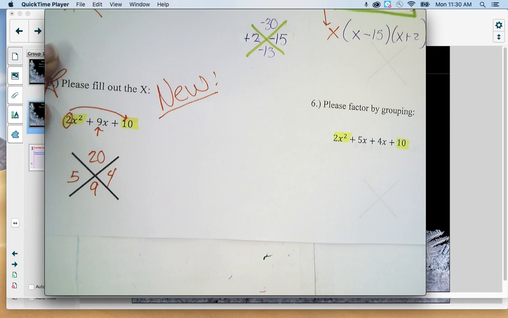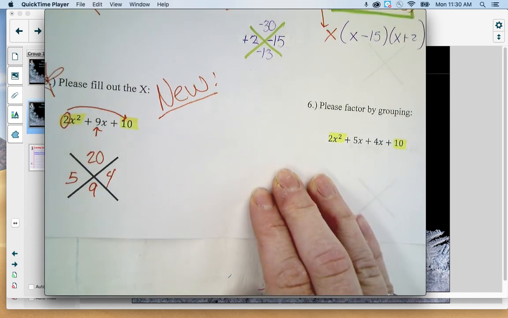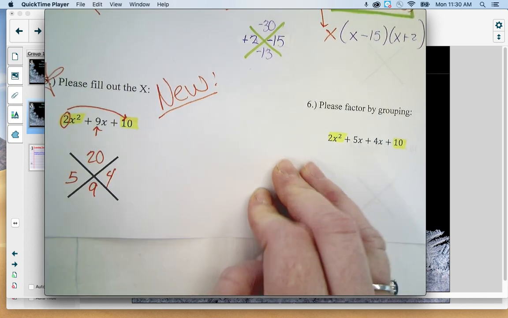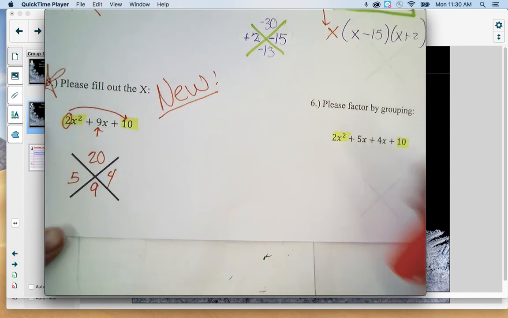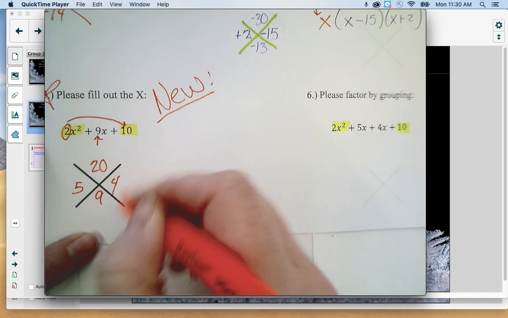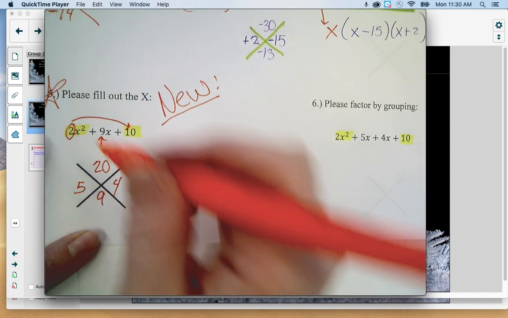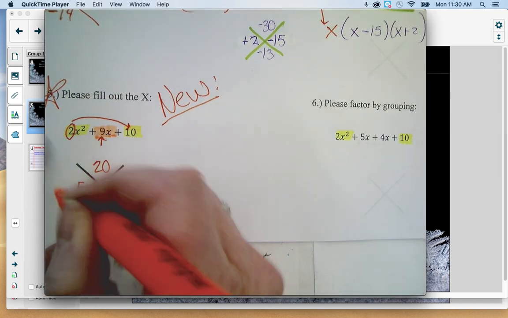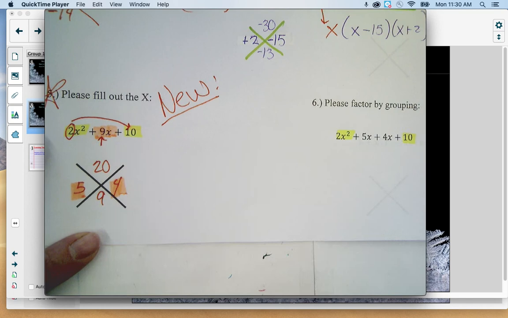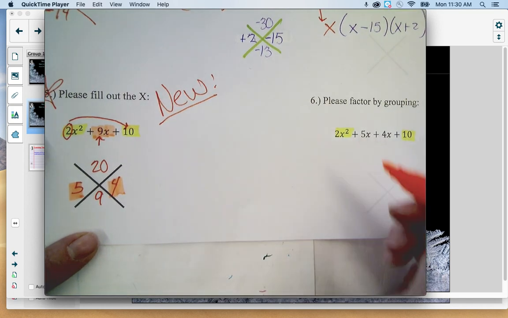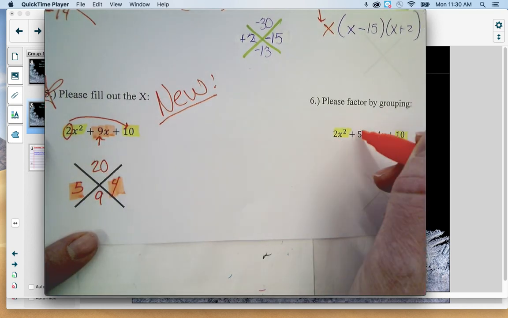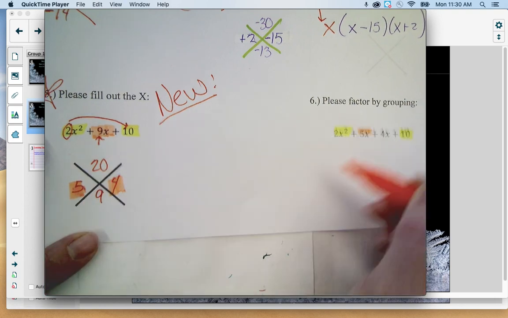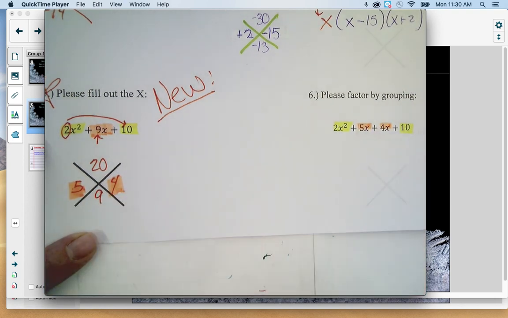Here's the part that I need you watching. This is the new skill. Watch, watch, watch. Do you see how we did this X method? And you see how our middle term was 9? When we completed that X, we got 5 and 4. Do you see how you can replace 9x with 5x and 4x?